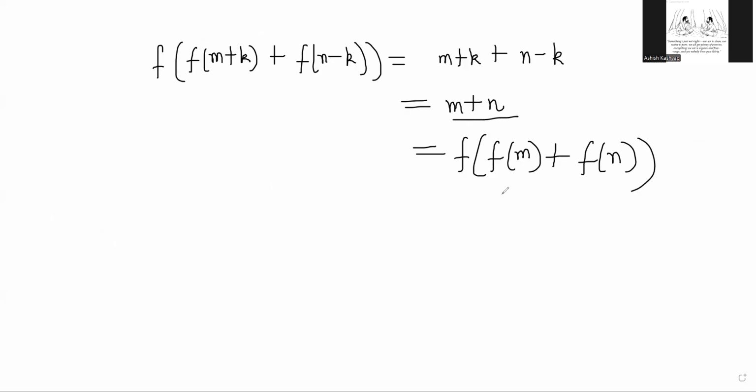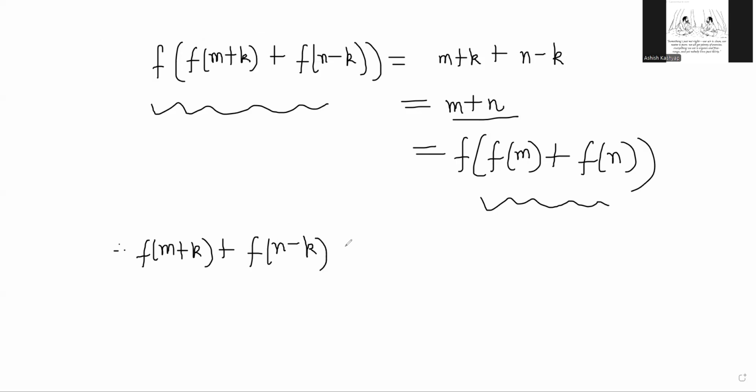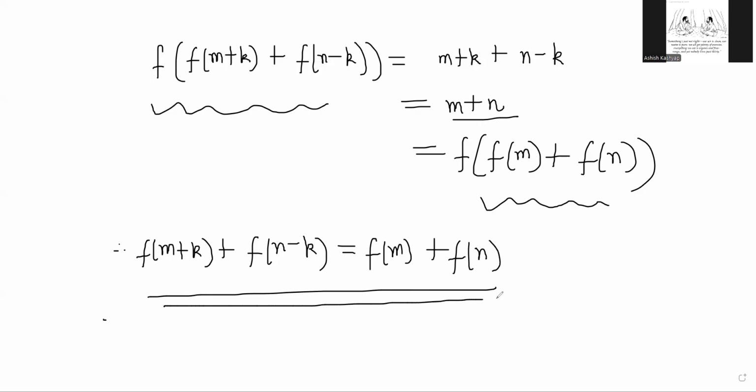From the given problem statement. And now notice that because this is equal to this, it is a 1-1 function. Therefore, we are able to say that f of m plus k plus n minus k must be f of m plus f of n. Because of the 1-1 nature of the function, we can remove the f from here and say that the inputs must also be equal if the outputs are equal.